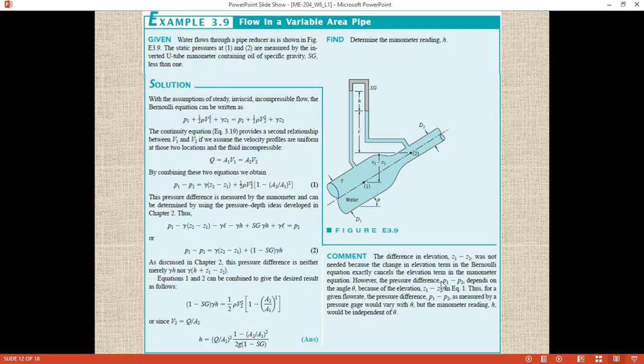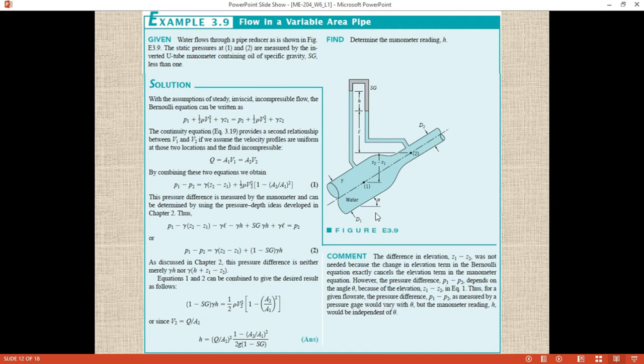Second, however, the pressure difference P1 minus P2 depends on the angle theta, because of the elevation Z1 and Z2 in equation 1. Thus for the given flow rate, the pressure difference P1 and P2 as measured by the pressure gauge would vary with theta.